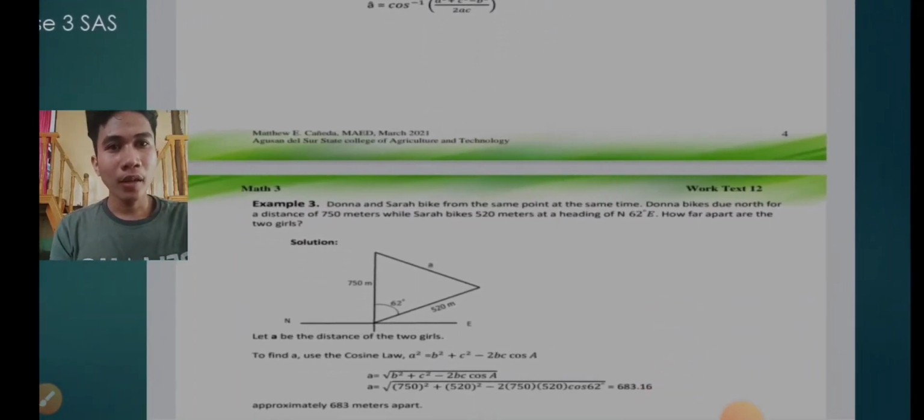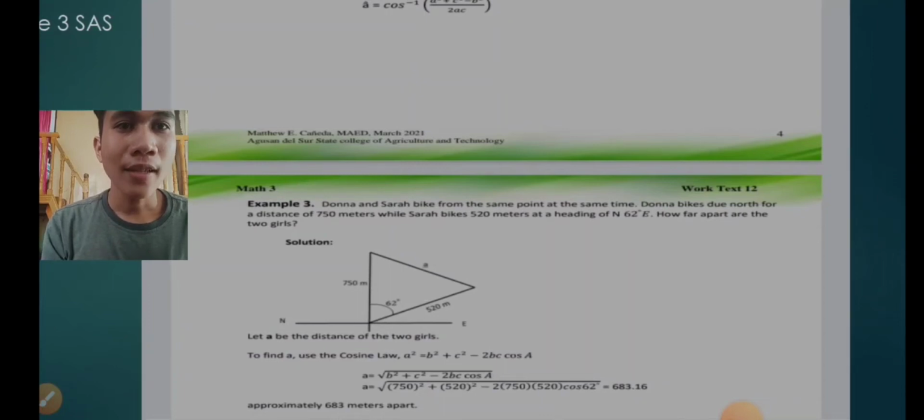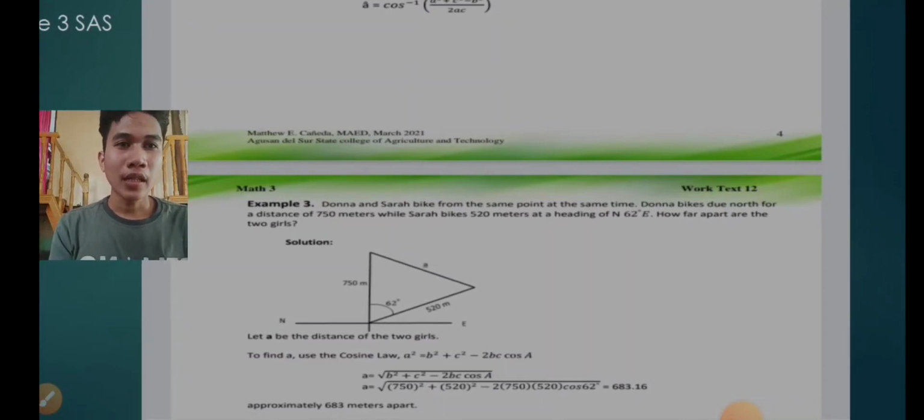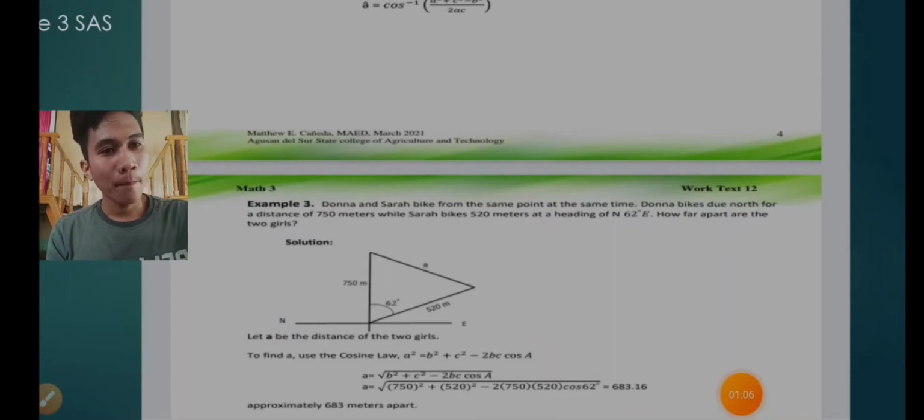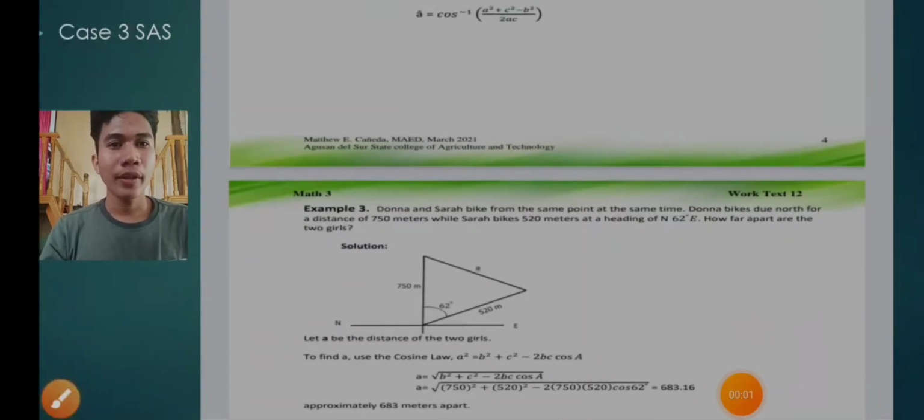Example number 3: Donna and Sarah bike from the same point at the same time.